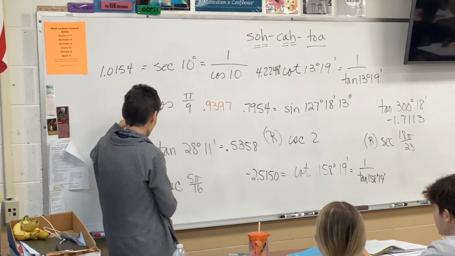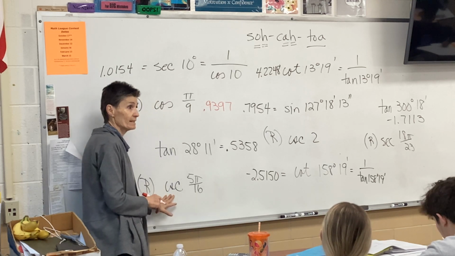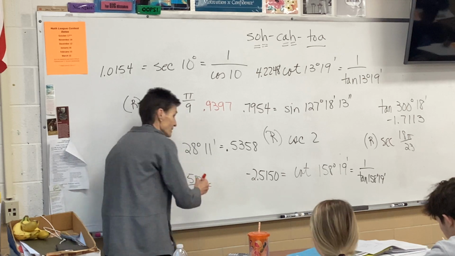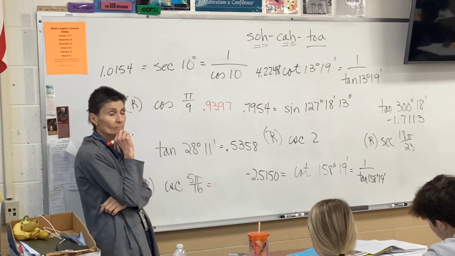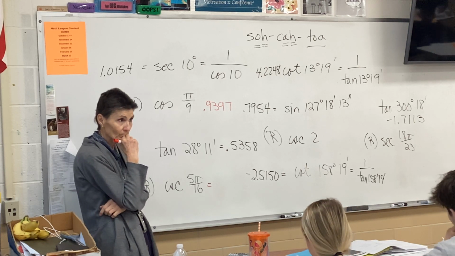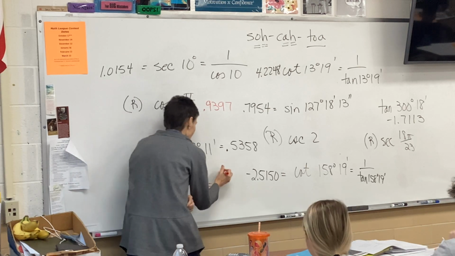All right, let's see. Now I've got this one, cosecant. I do not have a cosecant button. What am I gonna have to type in? 1 over sine.